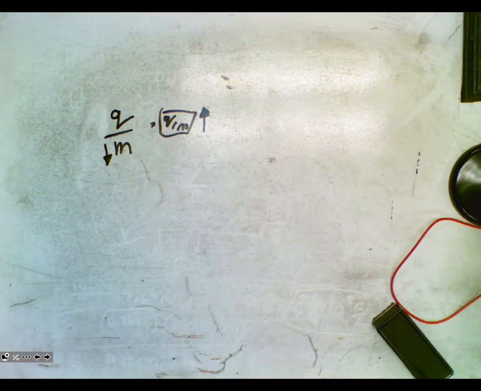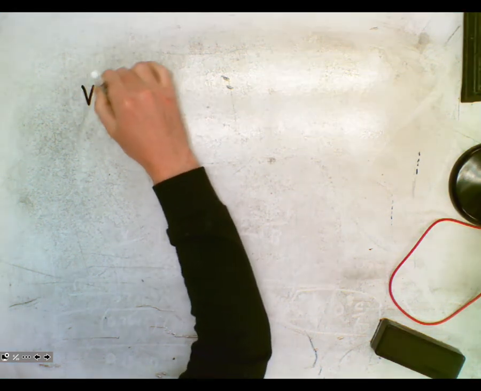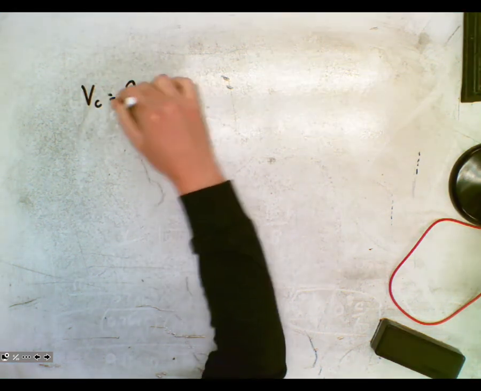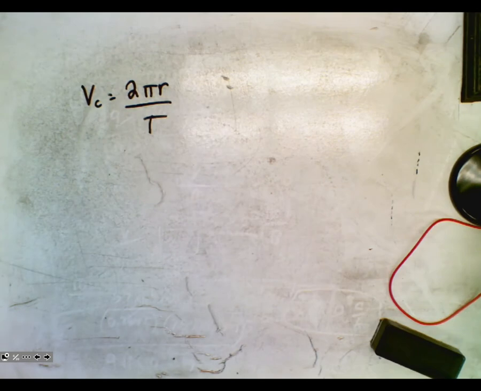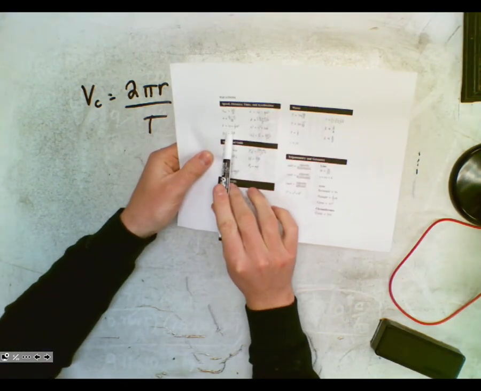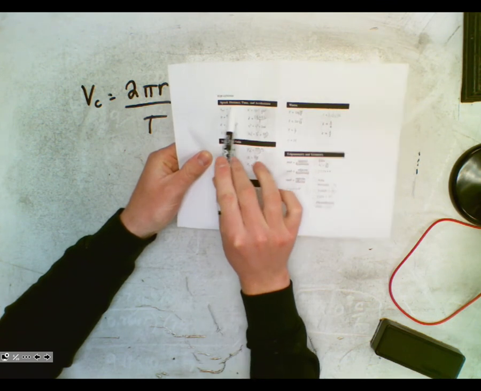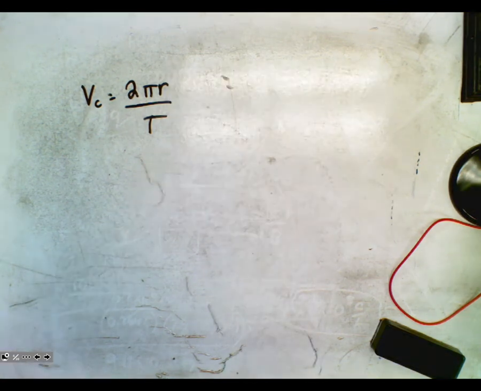So if we want to answer this question, we can use our new formula, Vc equals 2 pi r all over T. You can find this formula because it's talking about speed. It's found under the speed part of our formula sheet, down here under speed, distance, time, and acceleration.